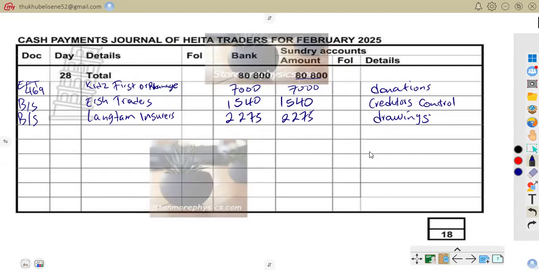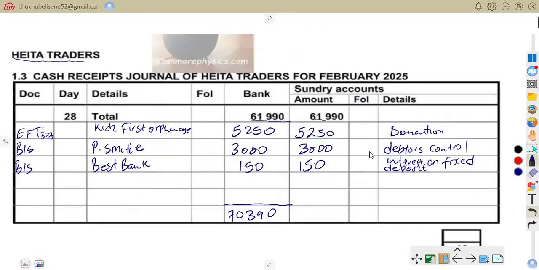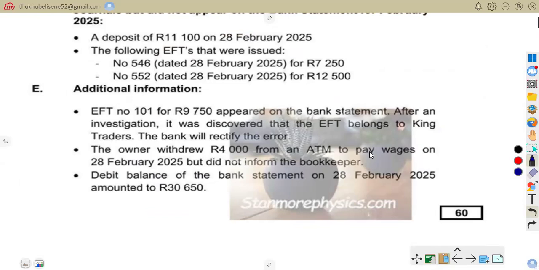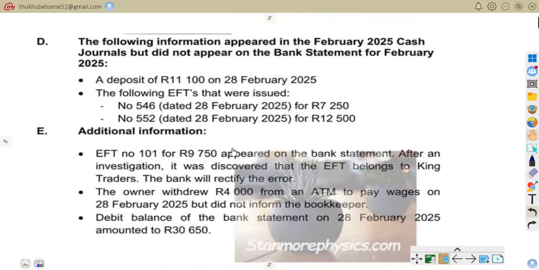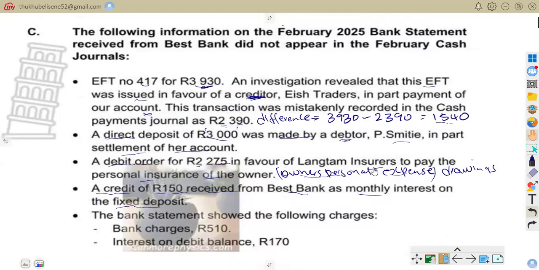So now let us go to another piece of information. For sure, we are going to be on information C, and as we know, information A and B don't have anything that goes under the cash payment journal.